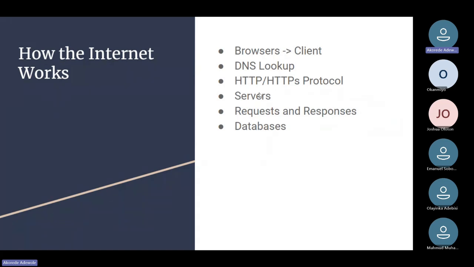That is the other computer where the particular website or service you are trying to access is located. That's what we call a DNS lookup. We are going to talk about it soon enough as well.